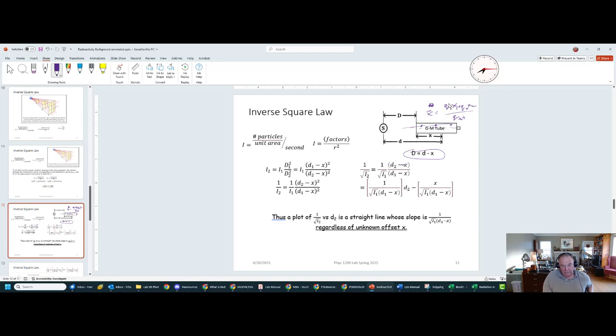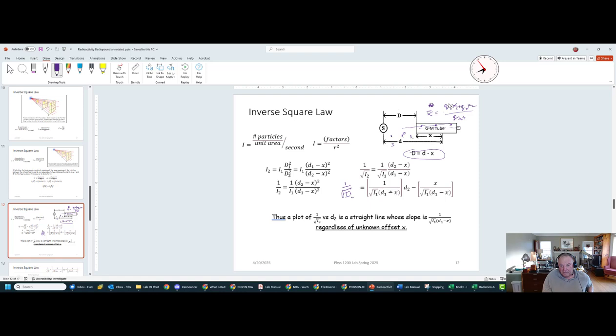Okay, so we substitute that in, and we crank the algebra handle, and we have some intensity we measure at position 1, position 2, position 3, etc. So this would become 1 over the square root of I sub i, for example.